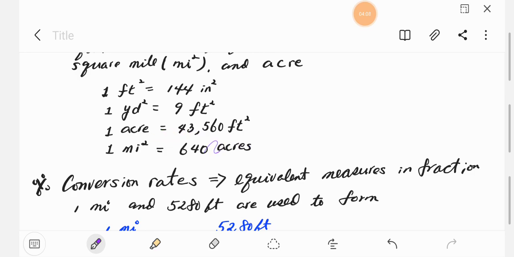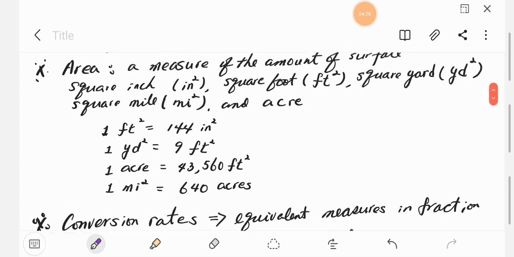And 1 acre is 43,560 square feet. It's a lot, right? And 1 square mile is 640 acres. So these numbers are pretty large.